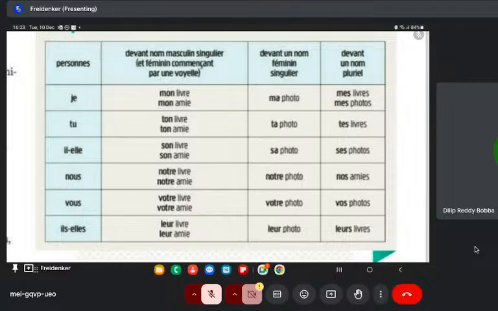Nice. So you have some examples there. Photo is feminine. It's an exception. You have to remember. That's why you have ma photo, ta photo, sa photo, and so on. Even though it doesn't end with an e, it's feminine. Fine. Enough time spent here. We will move on.